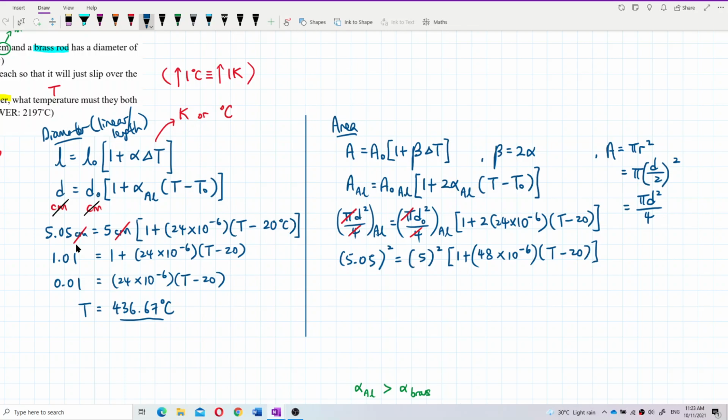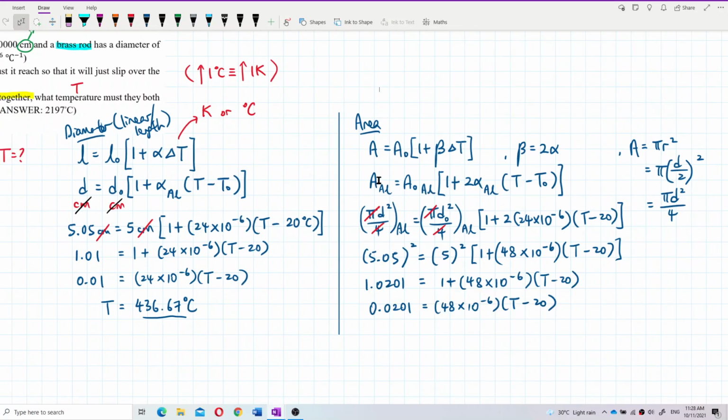Okay, let me work it out. I put in the values here, and this one I divide, and minus 1, and then I divide and I find the temperature.